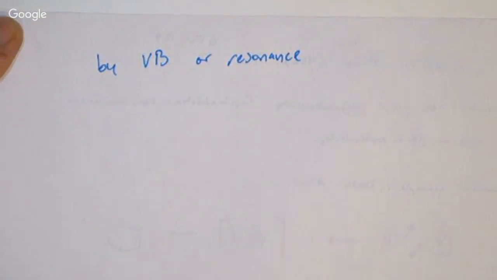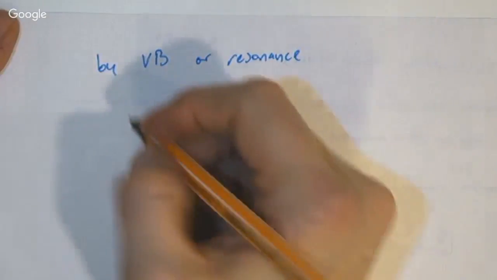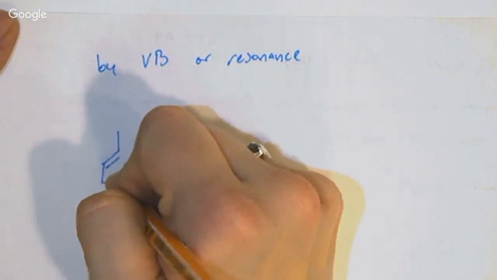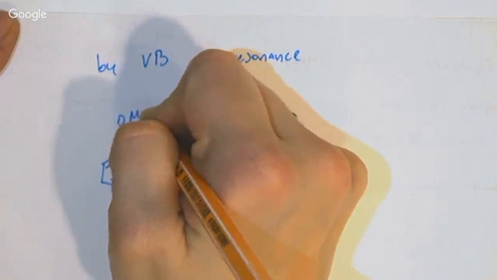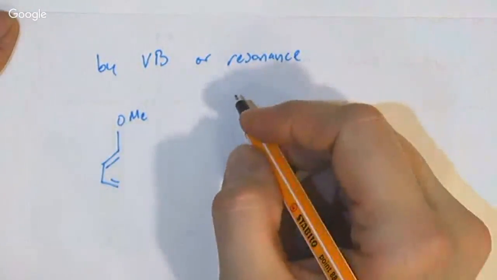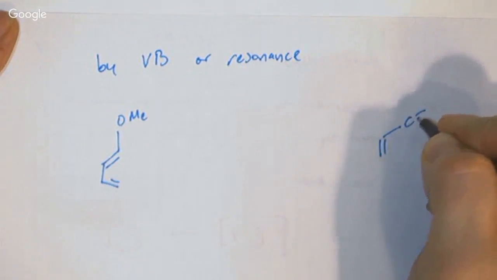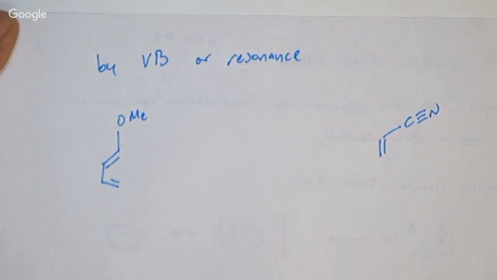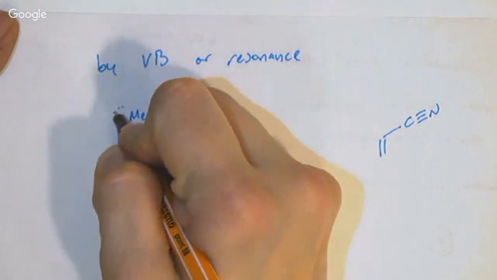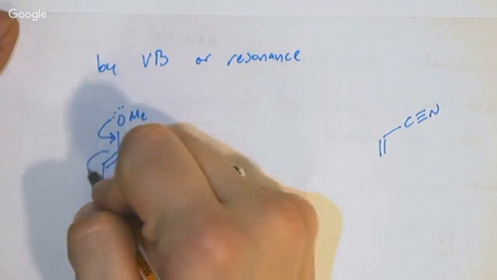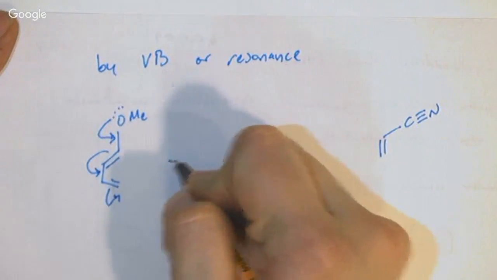So thinking of this by valence bond or resonance, what we would say is if we had, say, a 1-methoxy diene and acrylonitrile as our dienophile, we could draw a resonance structure for that diene.